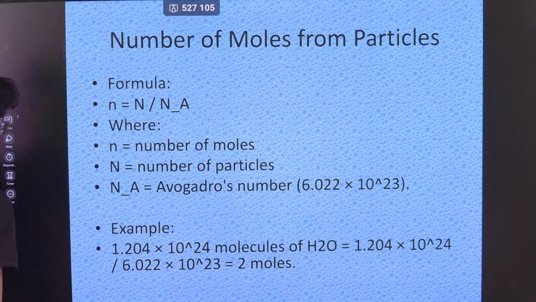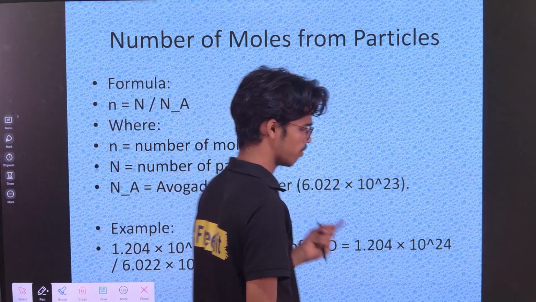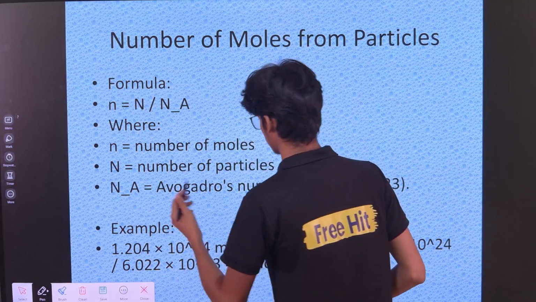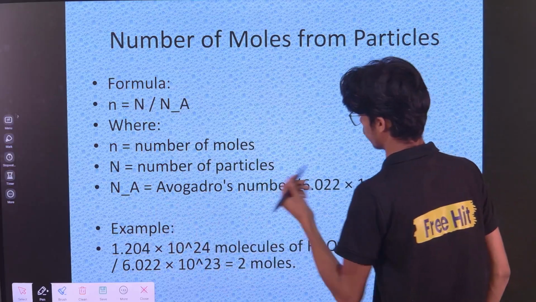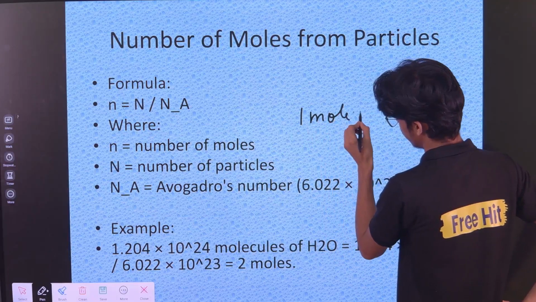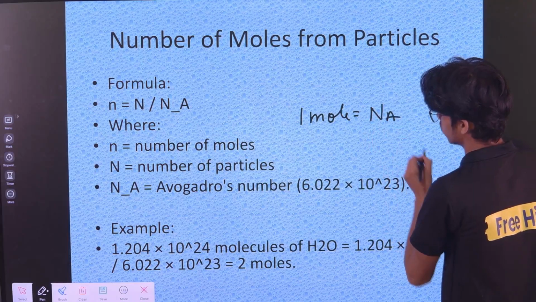Let us understand how we can find the number of moles from number of particles. The logic is very easy. 1 mole is how many particles? Any number of particles, simple.